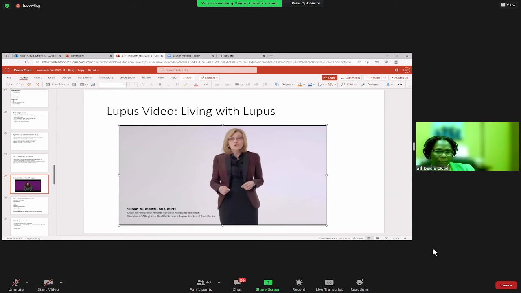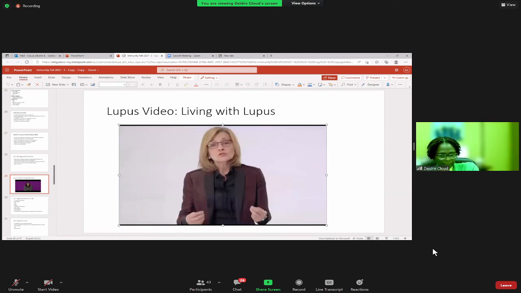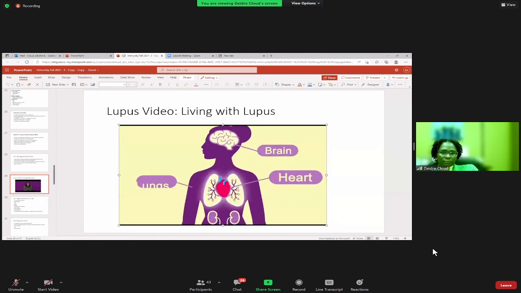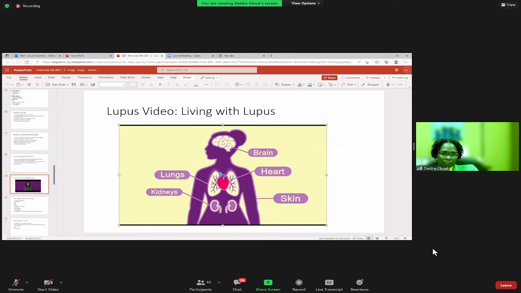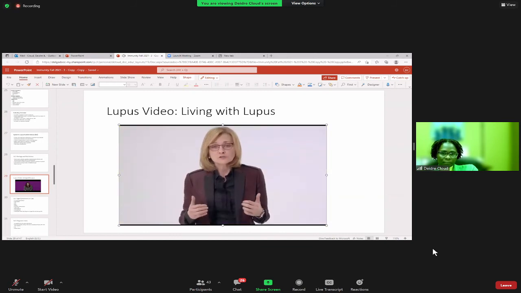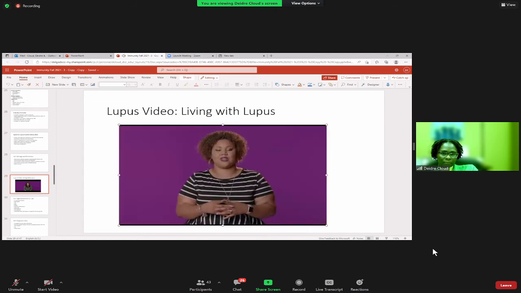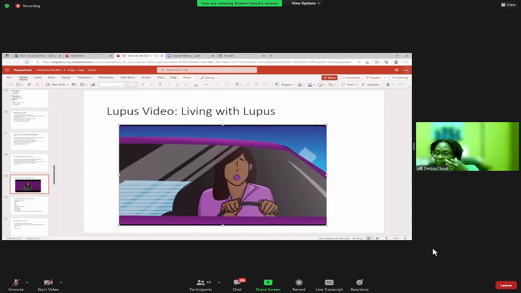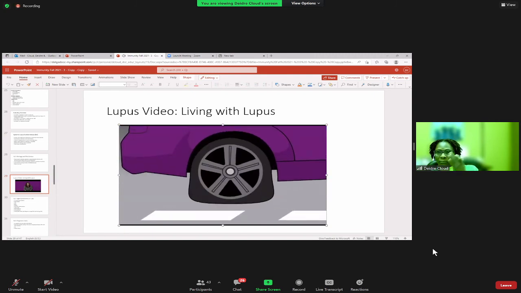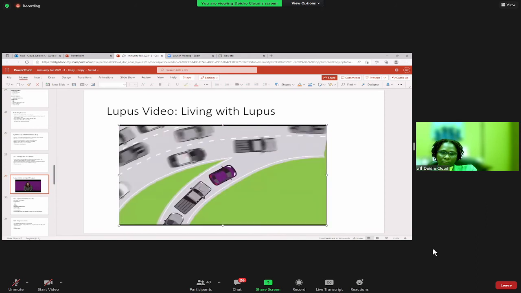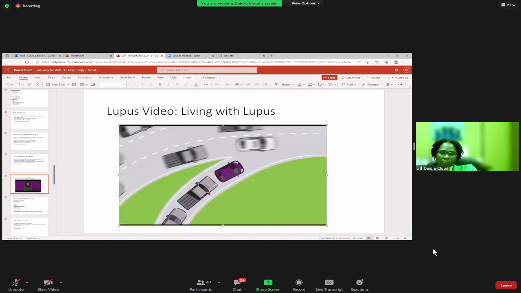Lupus is a chronic autoimmune condition where your immune system starts to attack self. In lupus, that attack can be on any organ system in the body, which makes it difficult to diagnose. It's a chronic disease. There's no cure. It tends to target women between the ages of 15 and 45, and women of color are 4 times more likely to develop lupus. It's hard to live with. Imagine driving a car, but your taillights are out, your tires are going flat, your parking brake is engaged, you're leaking fuel, but yet you still have to figure out how to merge onto this interstate at a high speed.